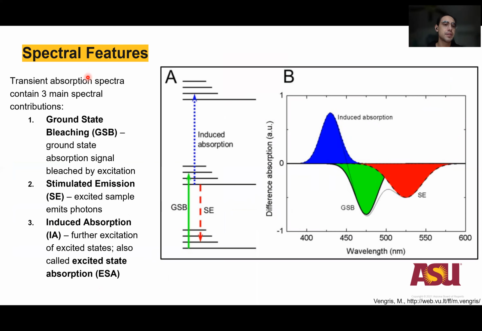The spectra contain three main spectral contributions: ground state bleaching, which occurs from the ground state absorption signal being bleached by excitation; stimulated emission, which is caused by your excited sample emitting photons, so basically this would imply that your sample in its excited state is photoluminescent; and induced absorption, which is produced through further excitation of excited states, also called excited state absorption.